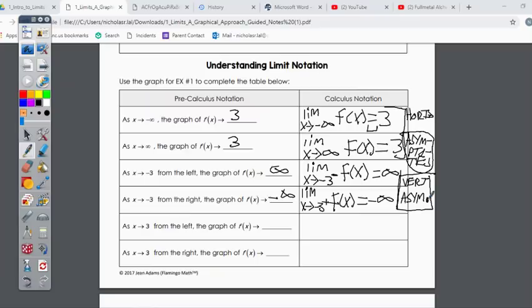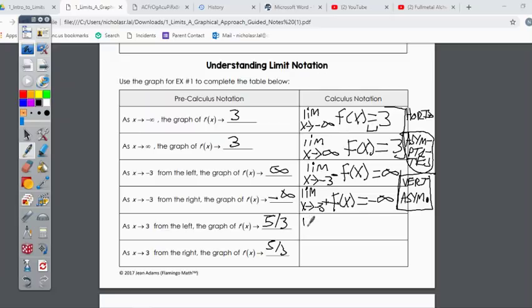And as x approaches 3 from the left, the graph of f of x approaches 5/3. And as x approaches 3 from the right, the graph of f of x approaches 5/3. So just some more examples.